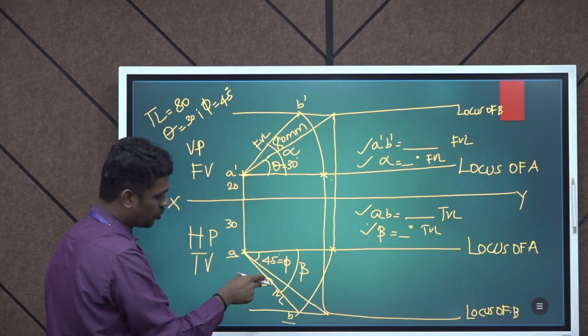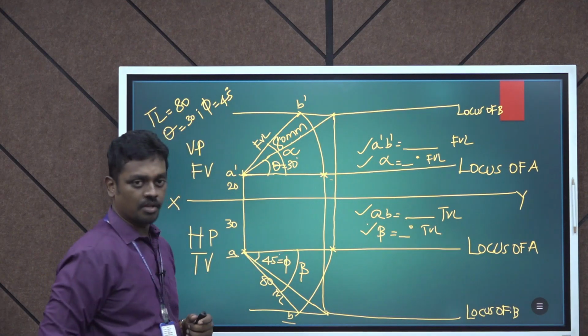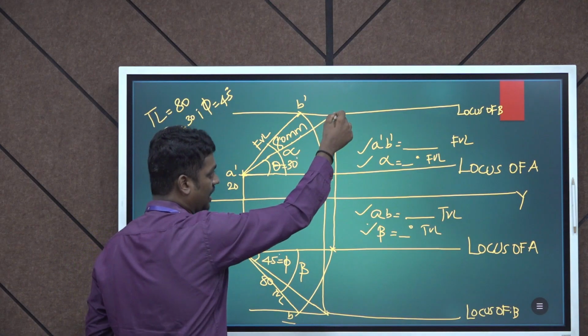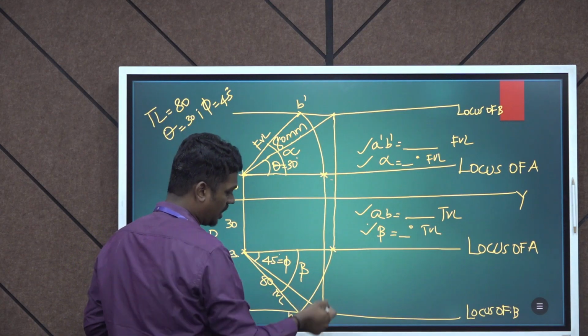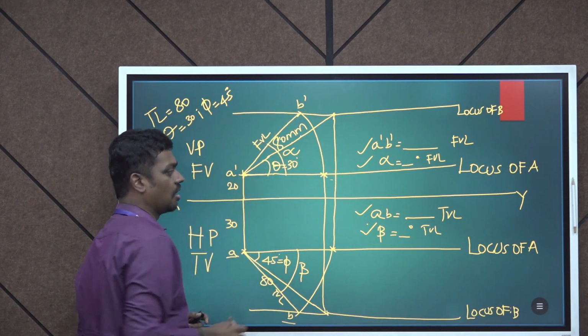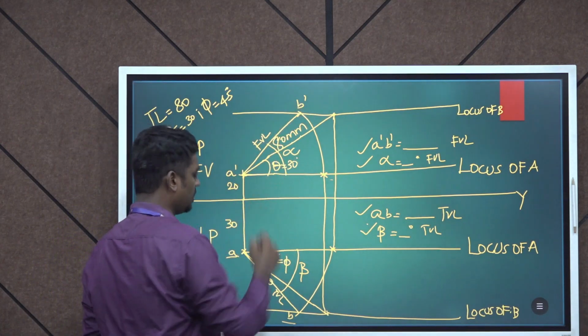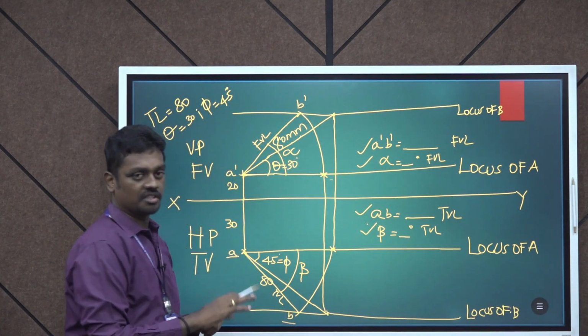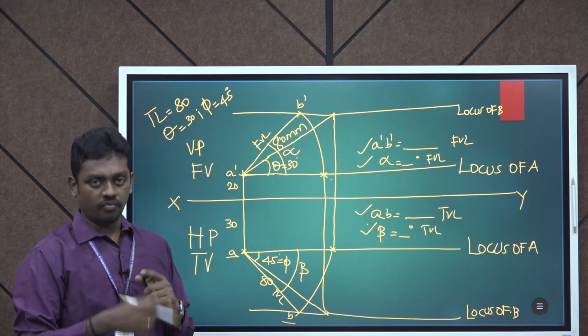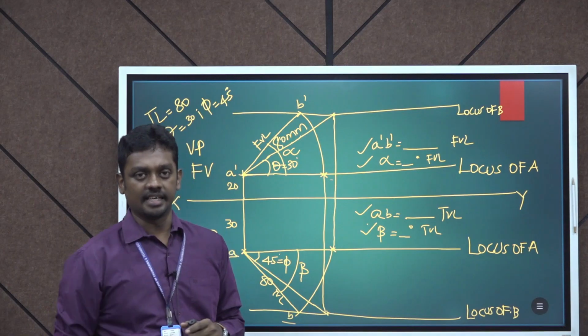Similarly, the true length has been drawn in the HP also at an angle of 45 degrees. So, I am going to extend a line from locus of B to locus of A and here also locus of B to A, and measuring this distance and extend an arc that has to be met at locus of B. So, this is the front view length and this is the top view length. So, this is the simple method to find out the apparent length and apparent inclination in projection of straight lines concept.